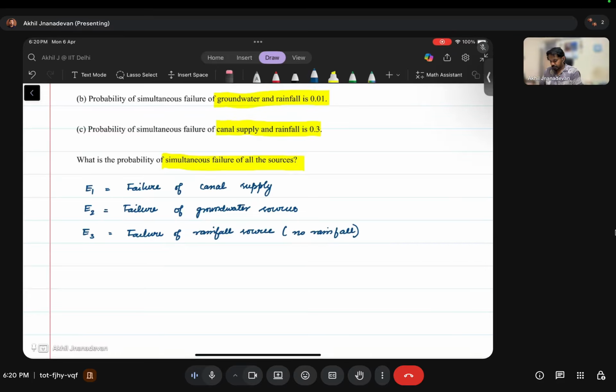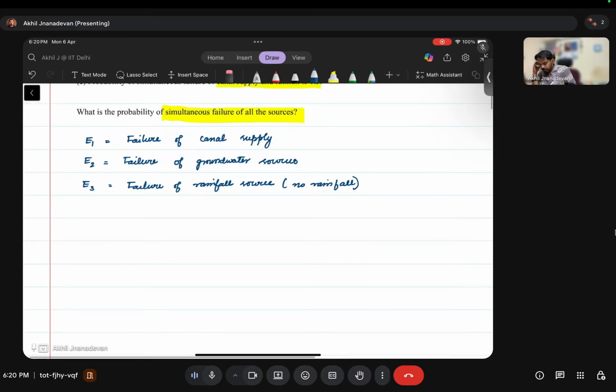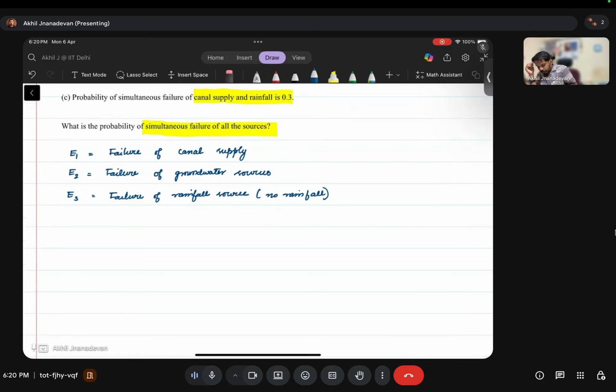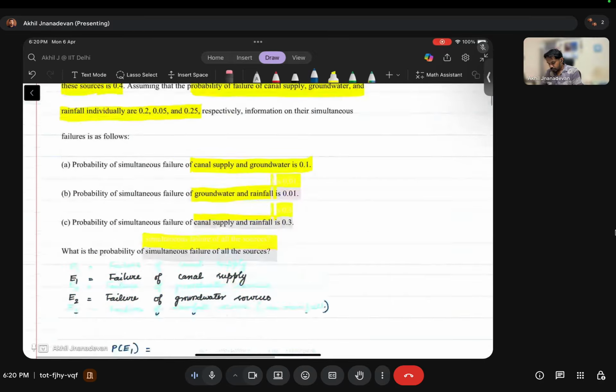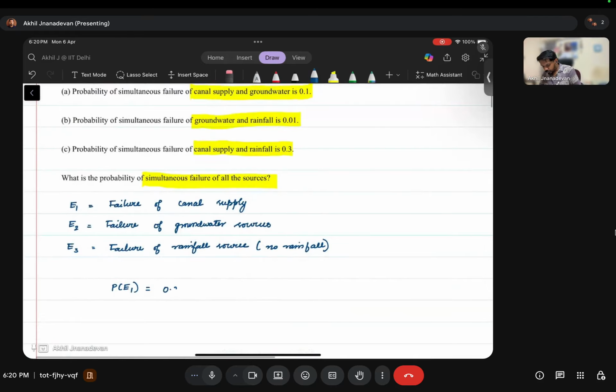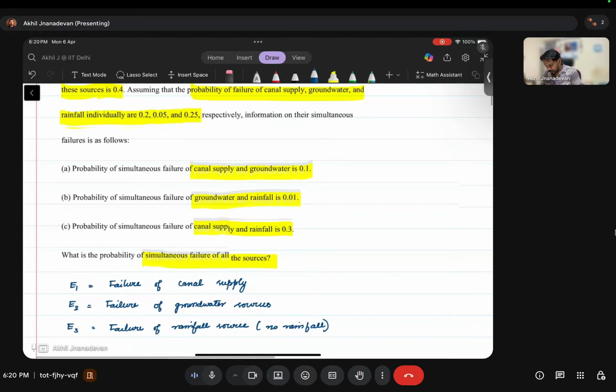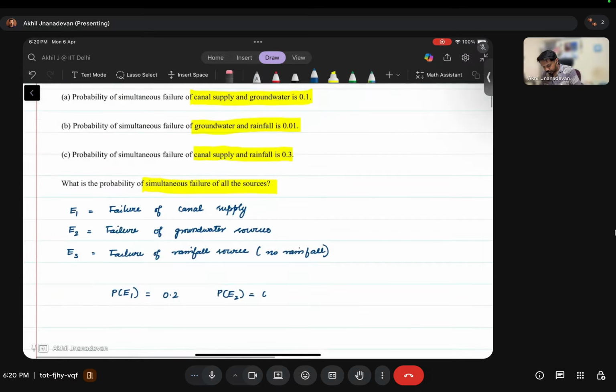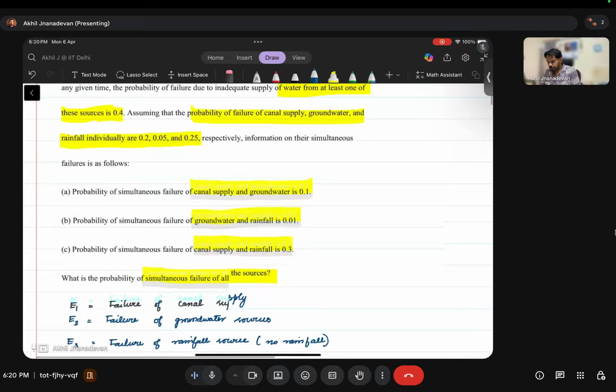So from the given, we can write what all are given. The individual failures were already given, right? Probability of E1 was given as 0.2, probability of E2 was given as 0.05, and probability of E3, that is probability of failure of rainfall, was given as 0.025.